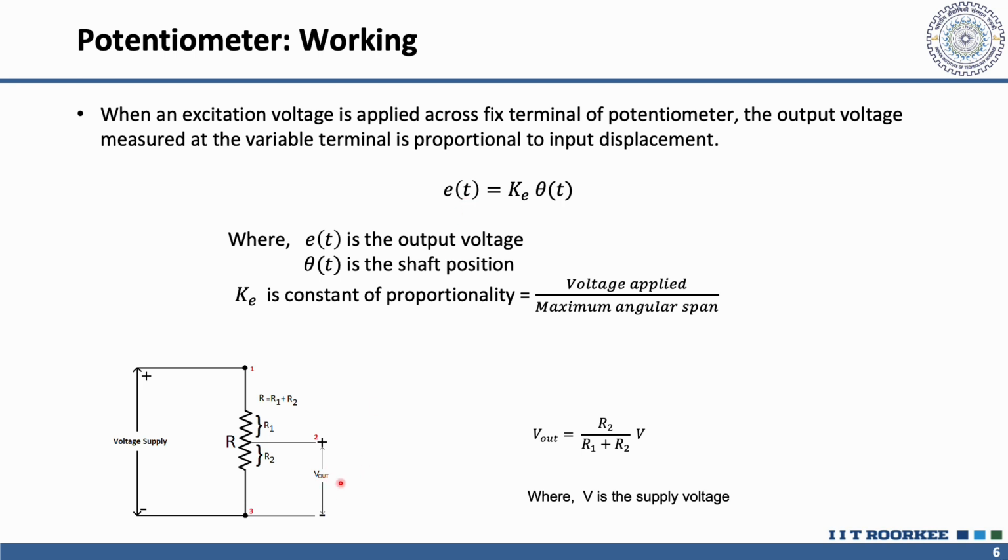Here the output voltage is V out. As you can see, the output voltage is proportional to the shaft position, and this is a very important result for the potentiometer: the output voltage is proportional to the shaft position. This is how the potentiometer works to give different output.